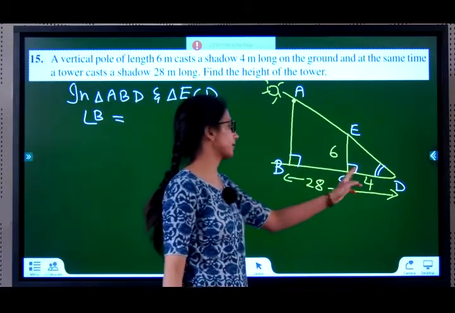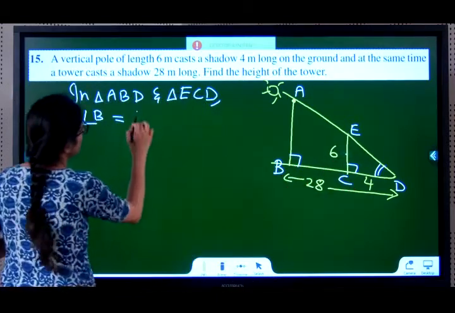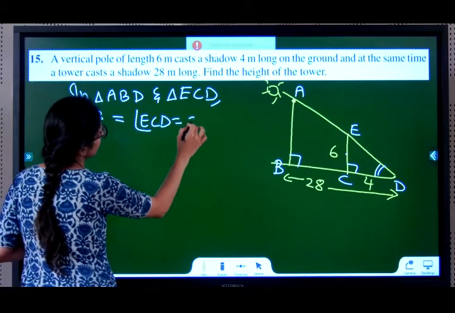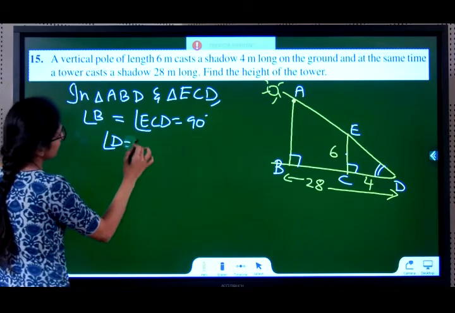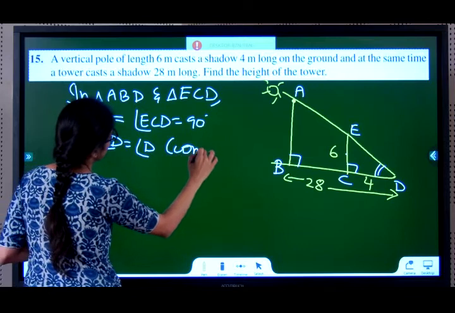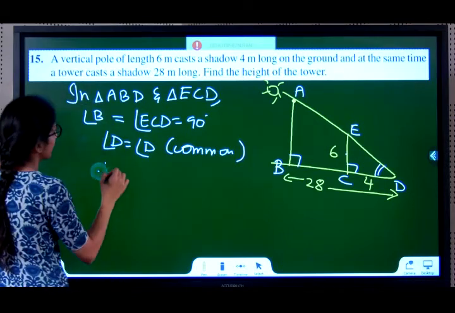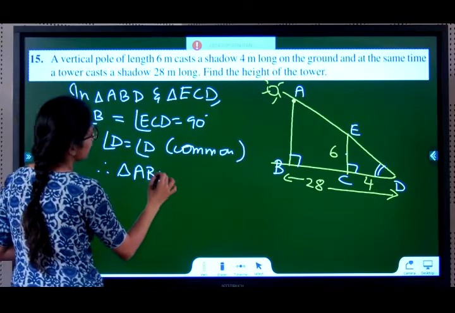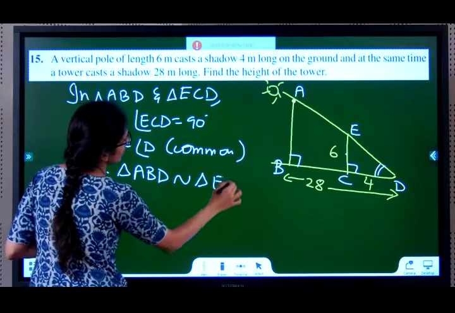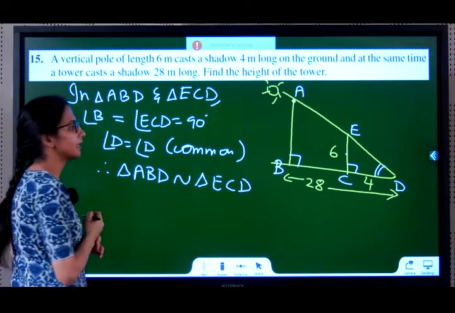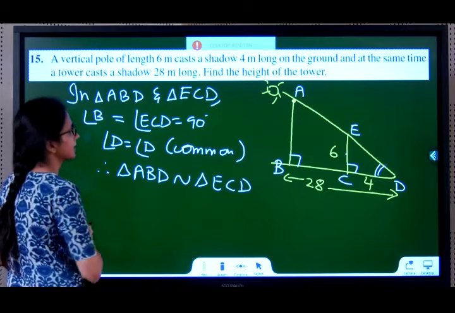Because there are two angles here. So you have to choose what you want. So equal to angle ECD equal to 90 degrees. Angle D equals angle D, common. I can therefore say triangle ABD is similar to triangle ECD.